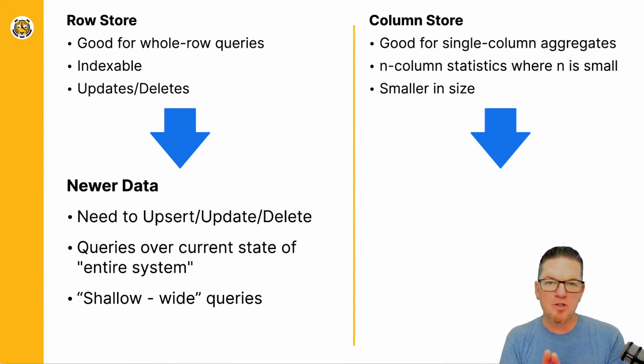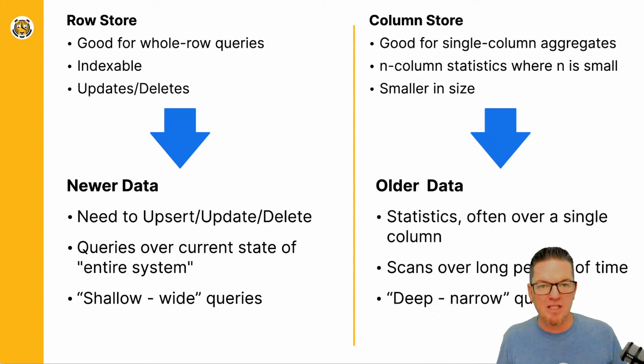That works really well for row store. You get indexes, things just work well. You need to see across the whole system for a shorter period of time. It's a perfect use case for row store, and it's something column stores don't do very well, when you need to get lots of stuff over shorter periods of time, because you need to reconstruct all those rows.